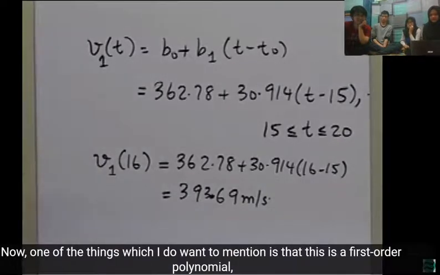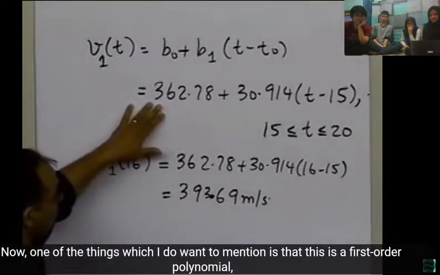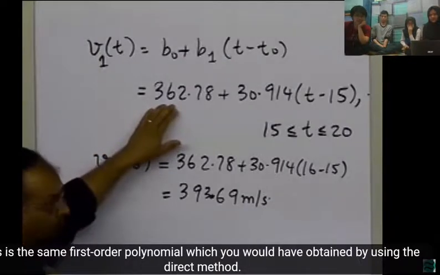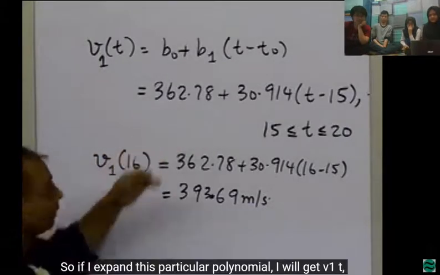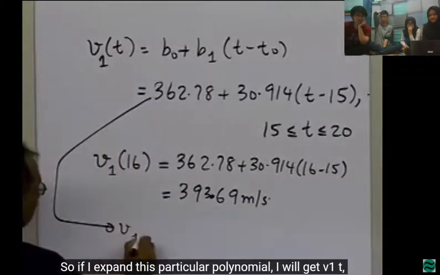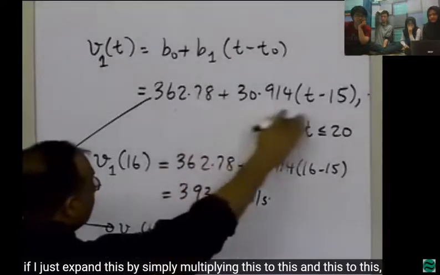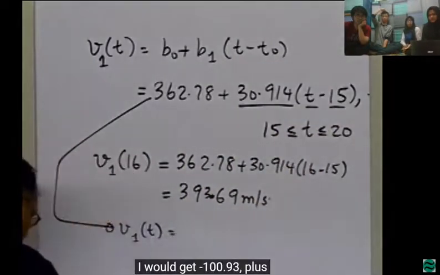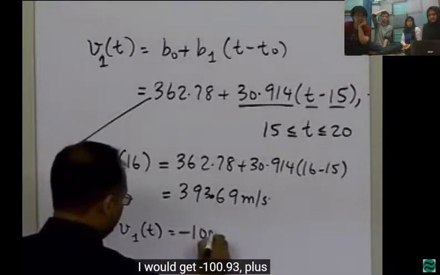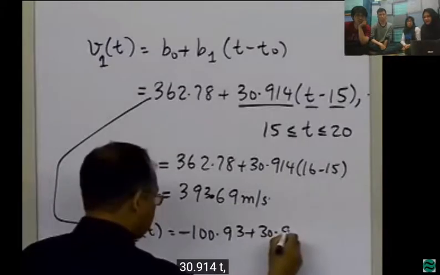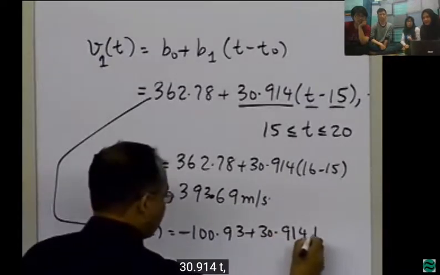Now, one thing I do want to mention is that this is a first order polynomial, the same first order polynomial you would have obtained by using the direct method. If I expand this polynomial, by multiplying this to this and this to this, I would get v sub 1 of t equals minus 100.93 plus 30.914t.